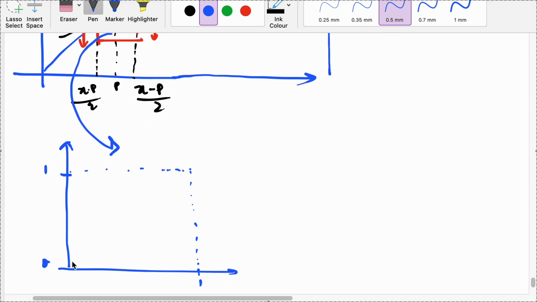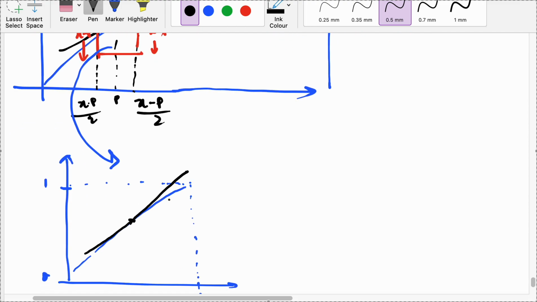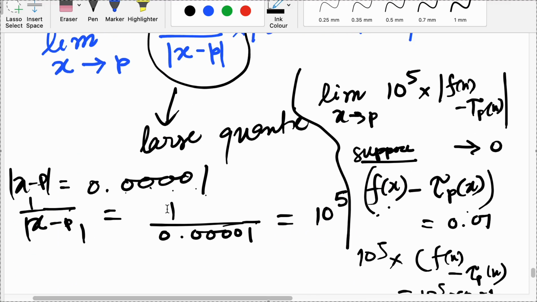We will see the line very close, this will be the tangent, and you see that after zooming also this remains very close to the original nonlinear map. That is basically what this lemma says.